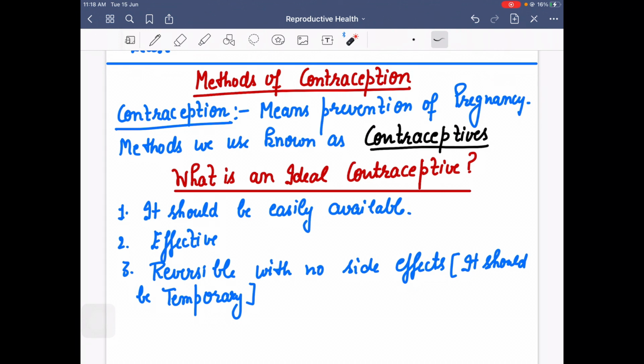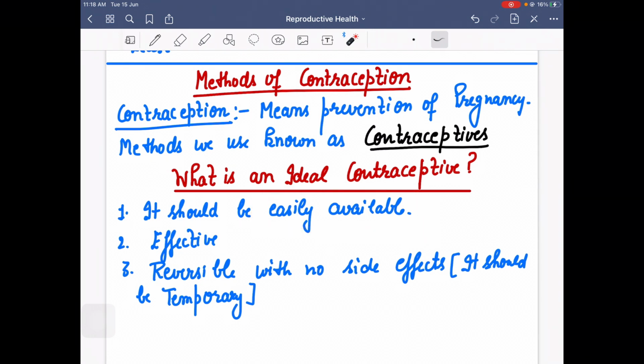So the methods which we use are known as contraceptives, right? Now, when we say contraceptives, what comes to our mind is which kind of contraceptive we should use. Every person wants to use something which is easily available.